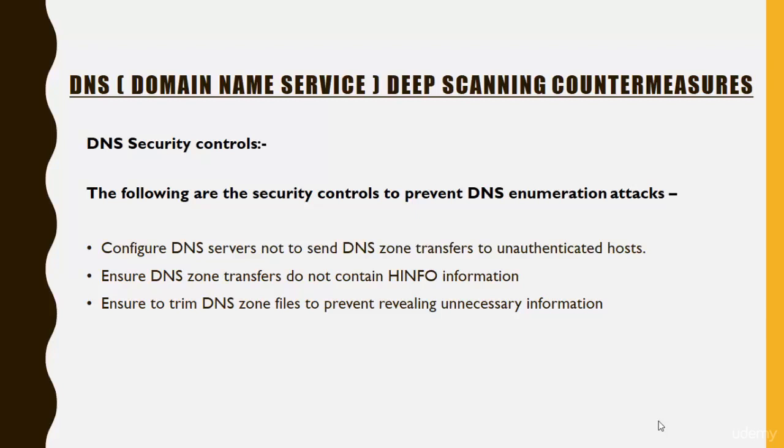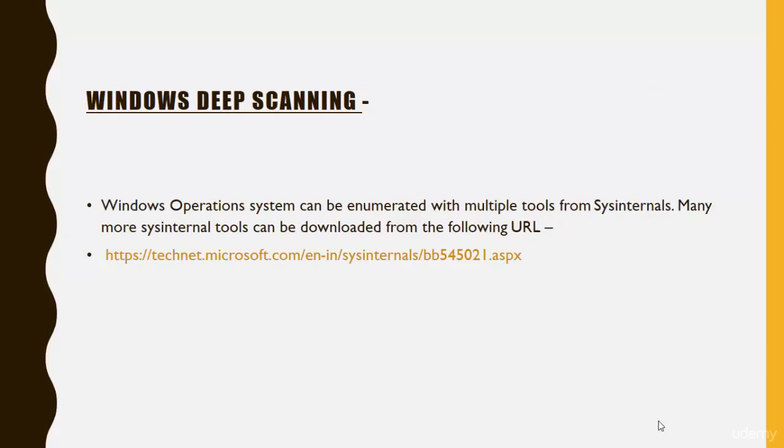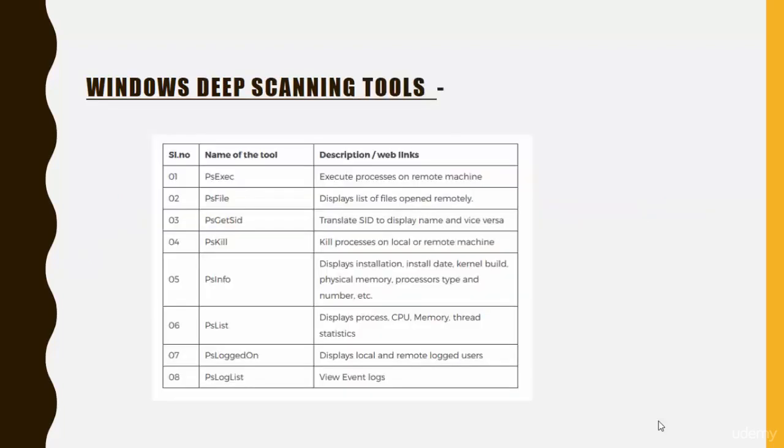This is important. Windows deep scan. The Windows operating system can be enumerated with multiple tools from Sysinternals. Many more Sysinternals tools can be downloaded from the following URL. It is a Microsoft URL and you can download some Windows operating system enumeration tools from here. Windows deep scanning tools: these are the tools which you can download from the internet to get more information about Windows.